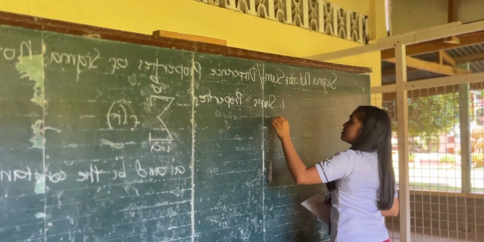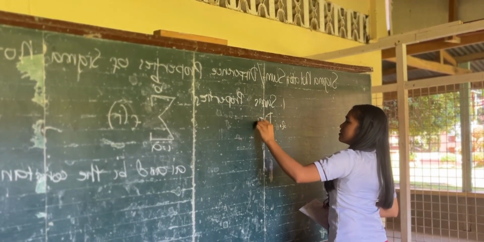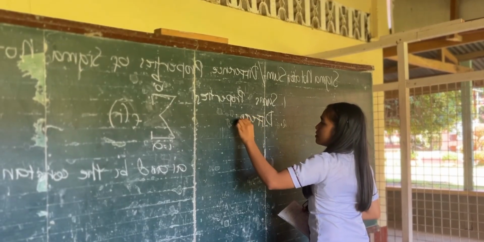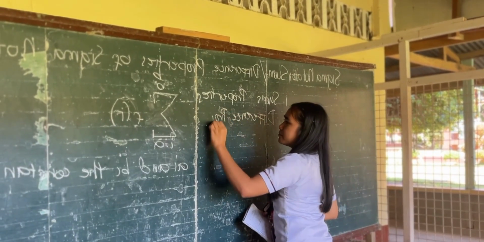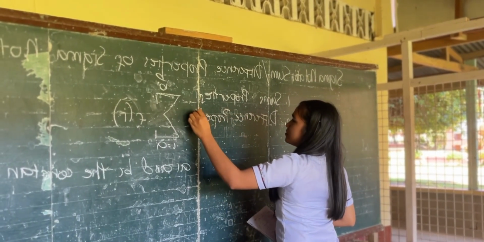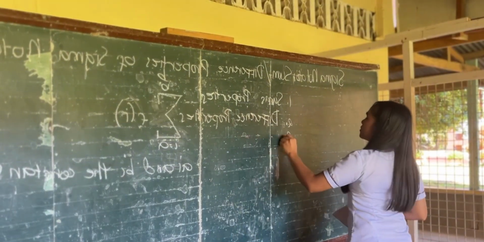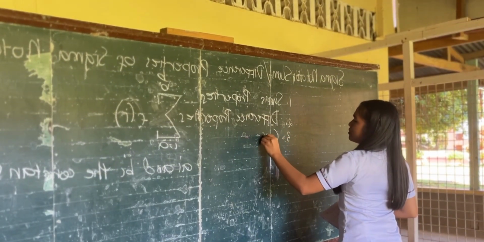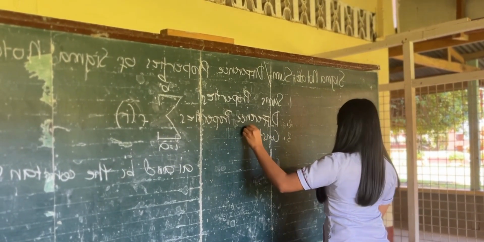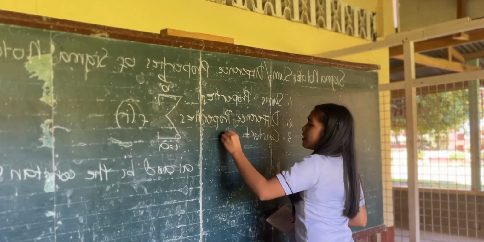Second is the difference property. And thirdly is the constant factor, the constant multiple property.